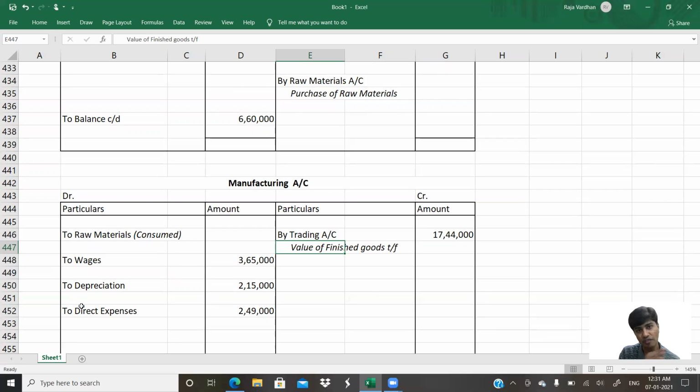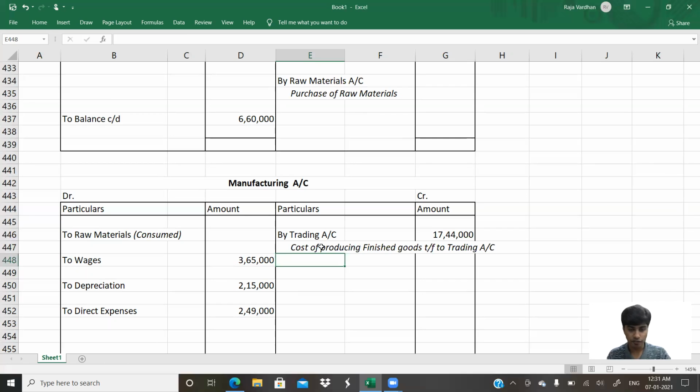So you transfer the cost of production. Instead of writing value, I'll write cost of production of finished goods, or cost of producing finished goods, transferred to trading account. It's being transferred to trading account.